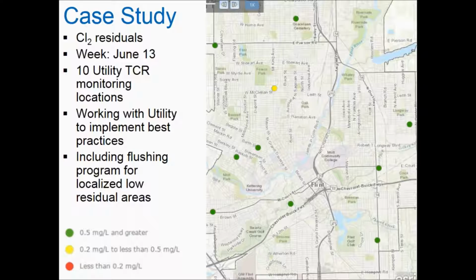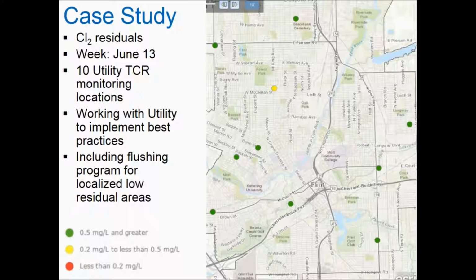Yellow means that it was between 0.2 and 0.5, and that essentially meant operationally that operators, and EPA and Flint and everyone, should keep an eye on that area. Some future intervention may be necessary. And then red locations mean that the concentration was less than 0.2, and some intervention was probably necessary.